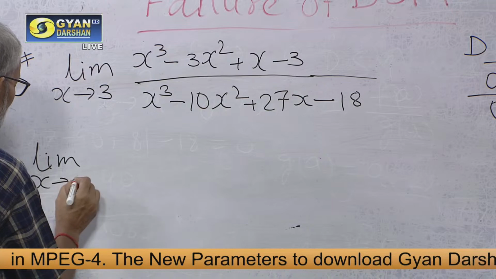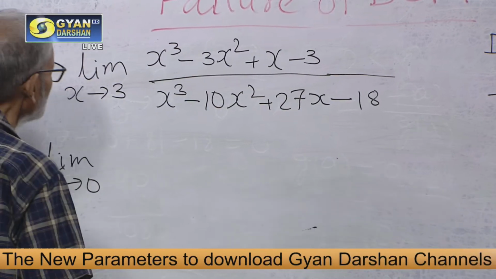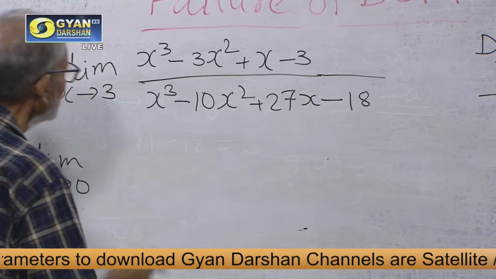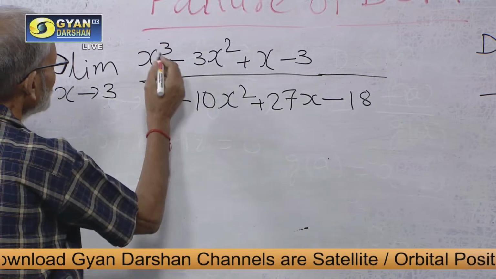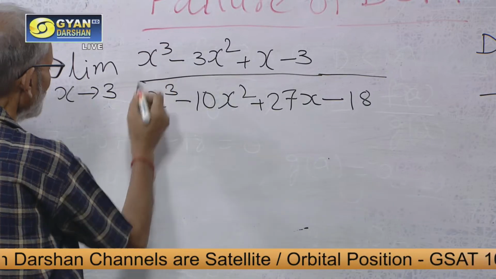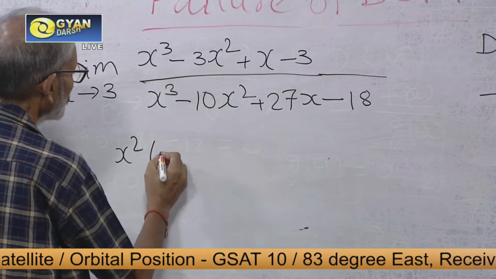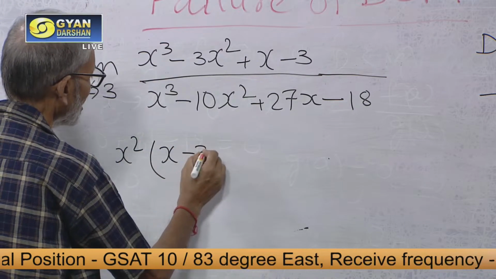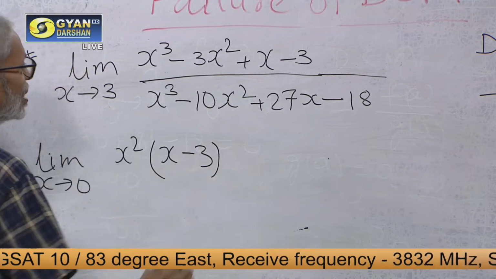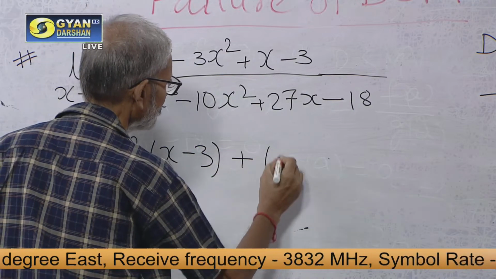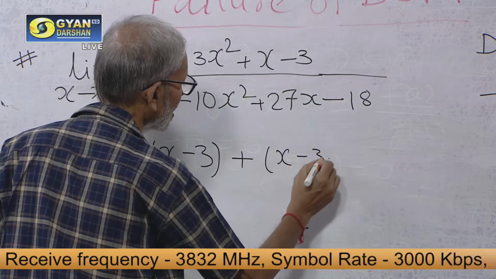Limit x tends to 3, and we use simple high school algebra. If you take x square common here, x minus 3 will be here, plus x minus 3.